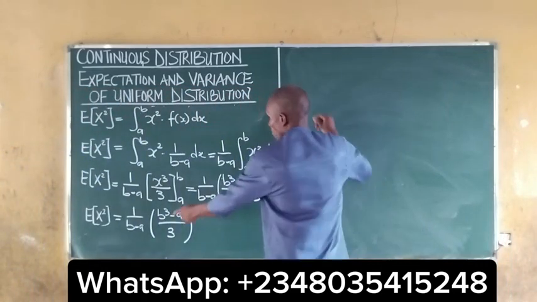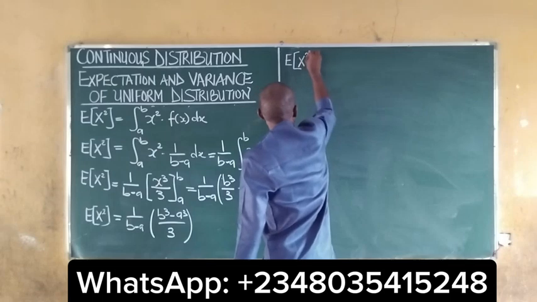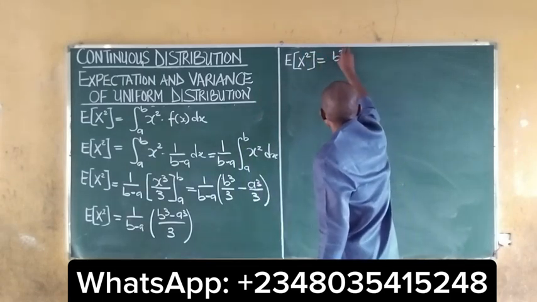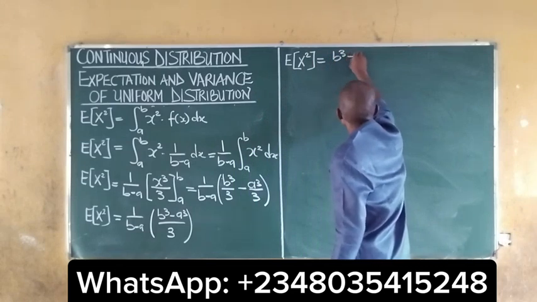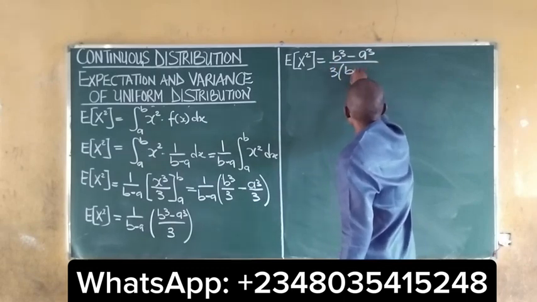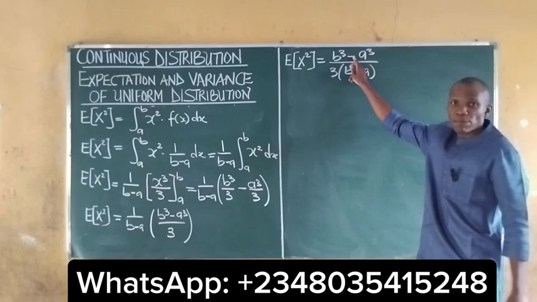So, our expected value of x squared will be equal to b cubed minus a cubed all over 3 into b minus a. Of course, this can be expanded.